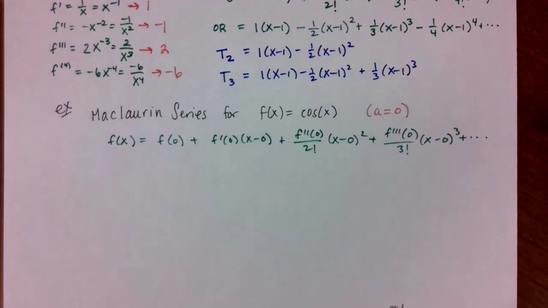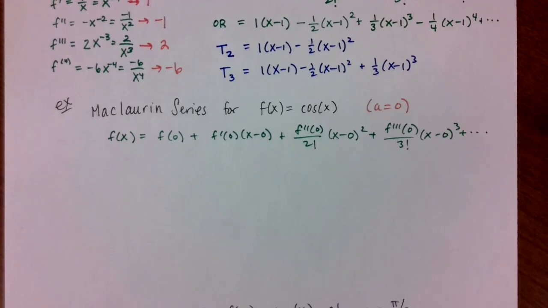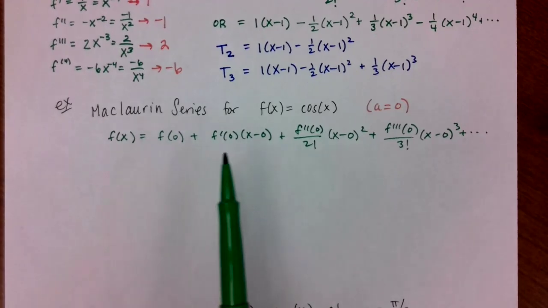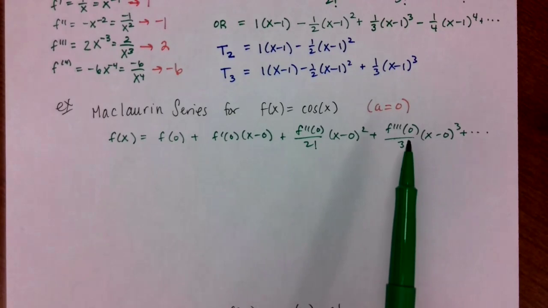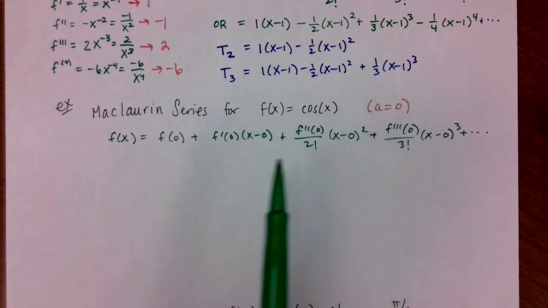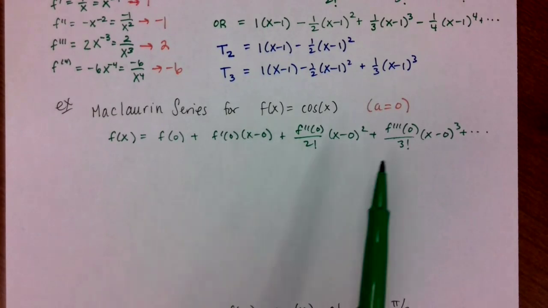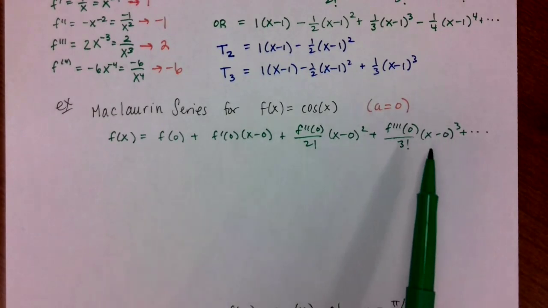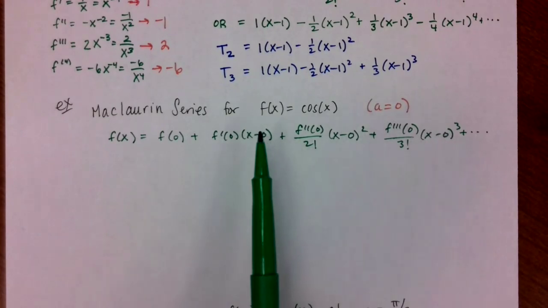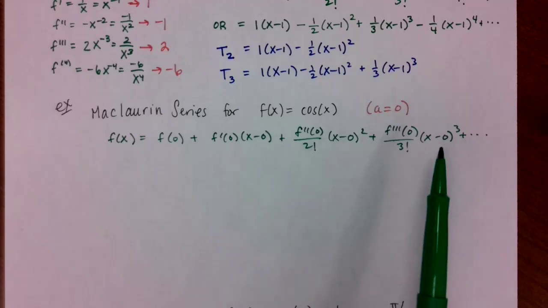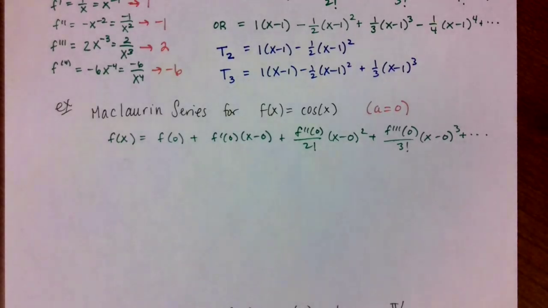Okay, so in the next step, I'm going to do a couple of things. I still need to compute all of my derivatives and plug in the center to turn these into numbers. But I'm also going to take all of these x minus 0 terms and just write them as regular x. So this will be x, x squared, x cubed, and it'll just be that much prettier to look at.